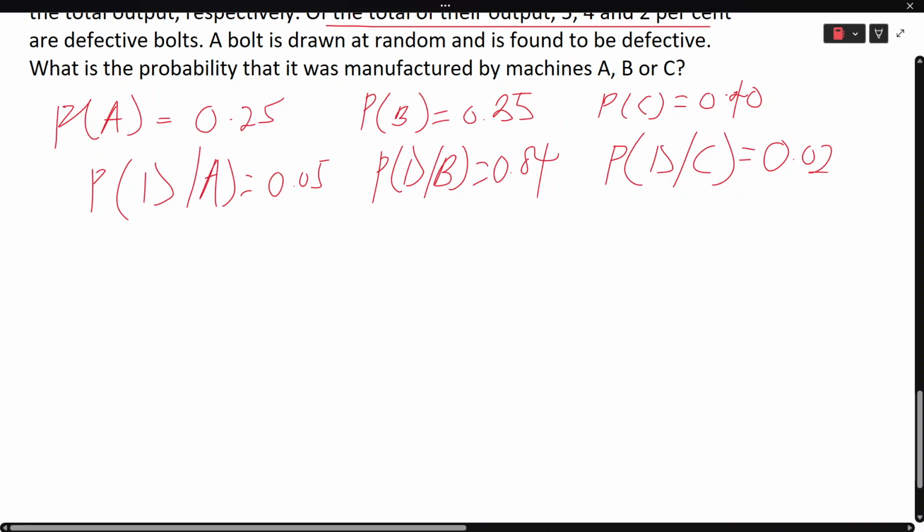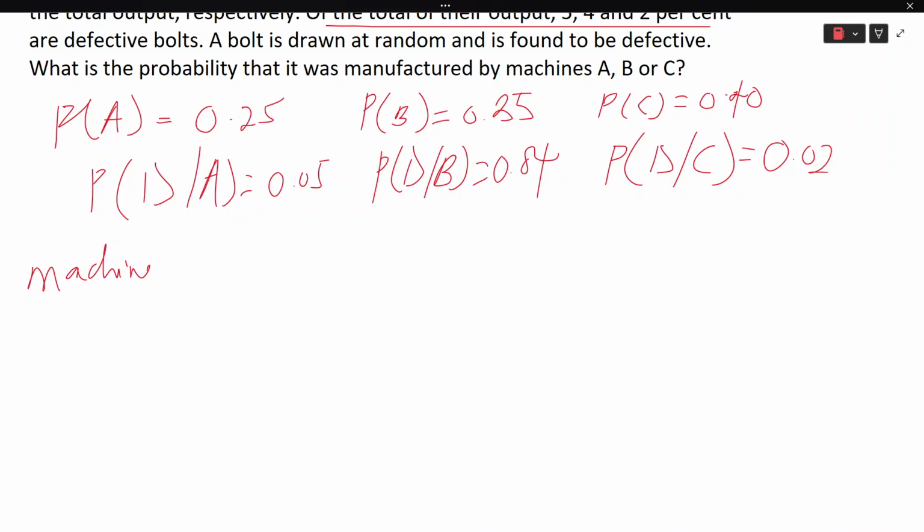Now we have the machines. We have machine 1, that's machine A. We also have my initial belief, the prior probability for A, which was 0.25.